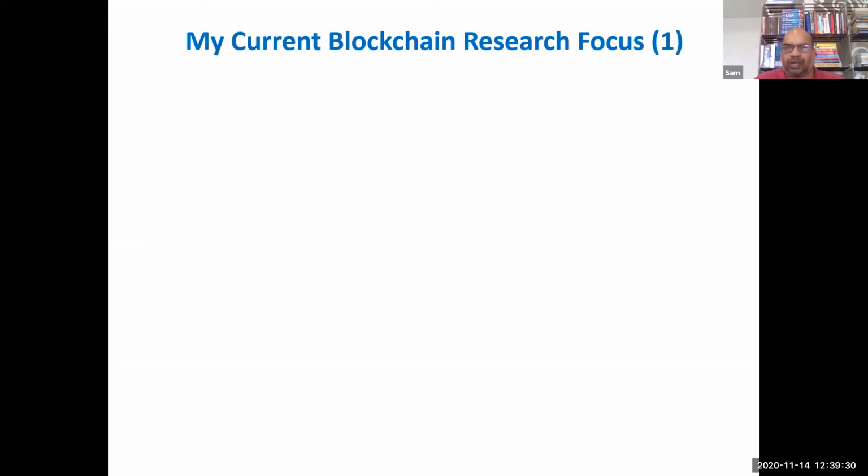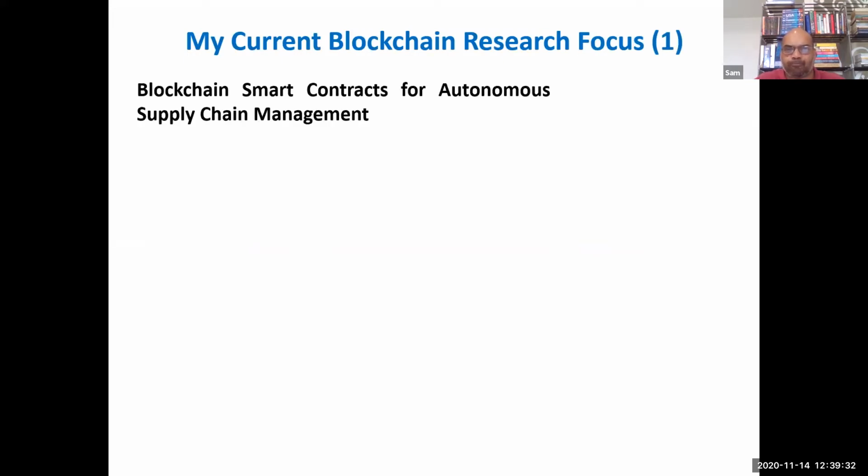So at the moment, what I'm looking at is, again, for supply chain management, there are smart contracts for autonomous supply chain management. And I thought about this when we went under a lockdown because of COVID-19.